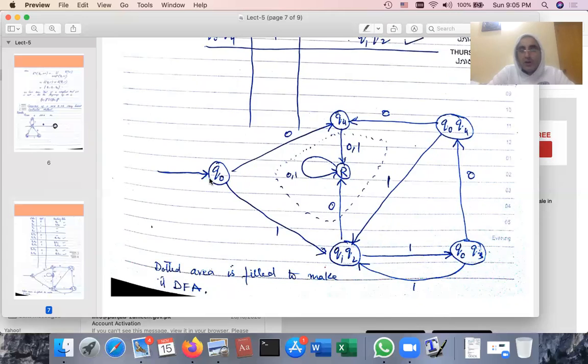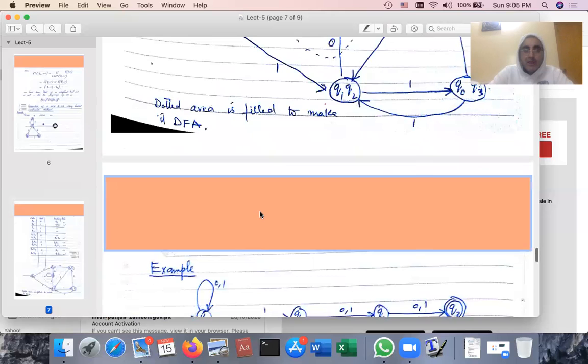So from each state the input symbols have 2 edges, and for this nothing state I have to complete it with a loop with 2 edges. So this is now FA or DFA, you can say. This is the example of conversion of an NFA to FA.